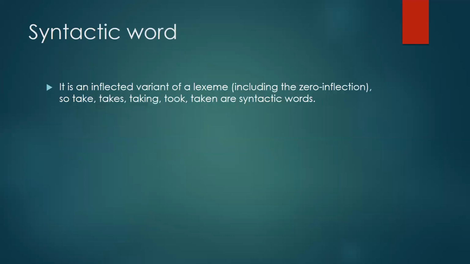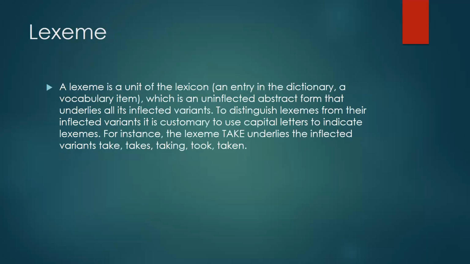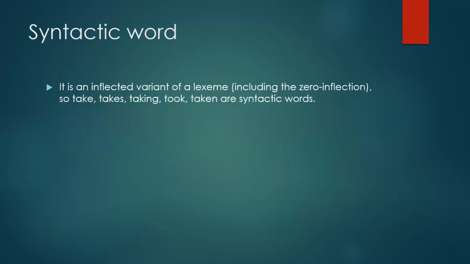A word is made of two things: a lexeme, the minimal unit of a word, and a syntactic word, which is an inflective variant of a lexeme, including zero inflection. So take, takes, taking, took are syntactic words.